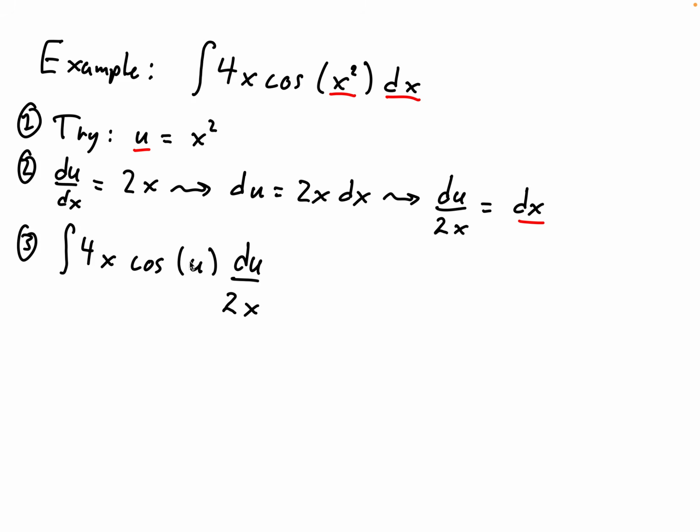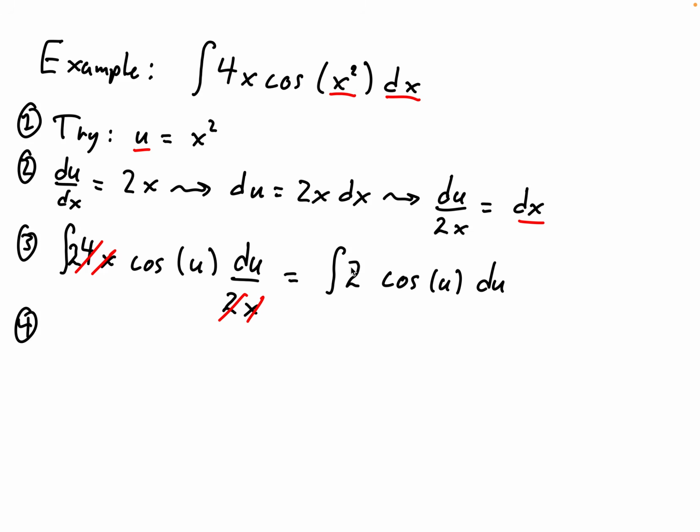Now, we'd like to simplify this integral before attempting to evaluate it. In this case, we can cancel out the x with the x, and then 4 divided by 2 is just 2. So our integral becomes the integral of 2 times the cosine of u du.